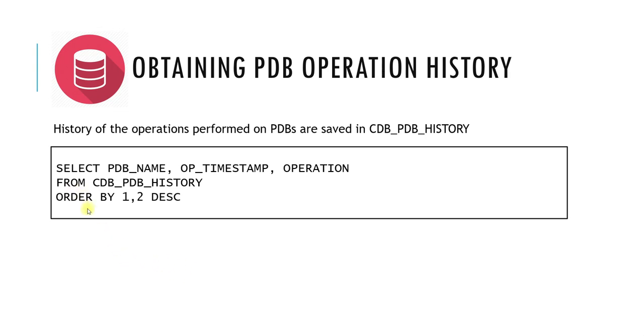Those types of things can be done from CDB_PDB_HISTORY, so that administrators have complete reporting details available for the management itself. Okay, so that can be done. We will see all these details in our practical lab.